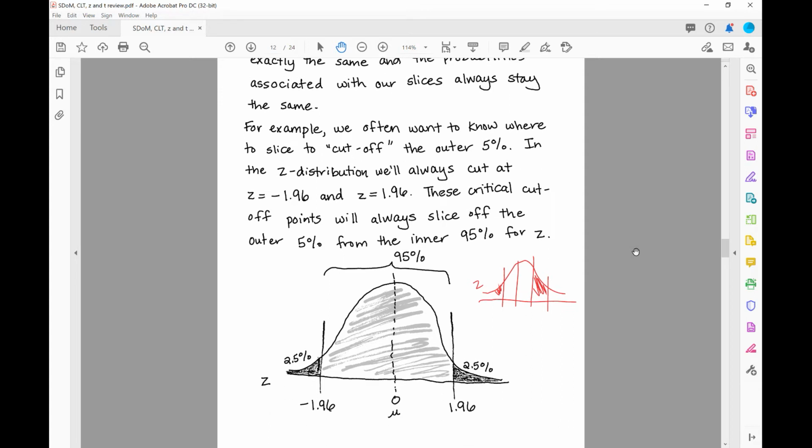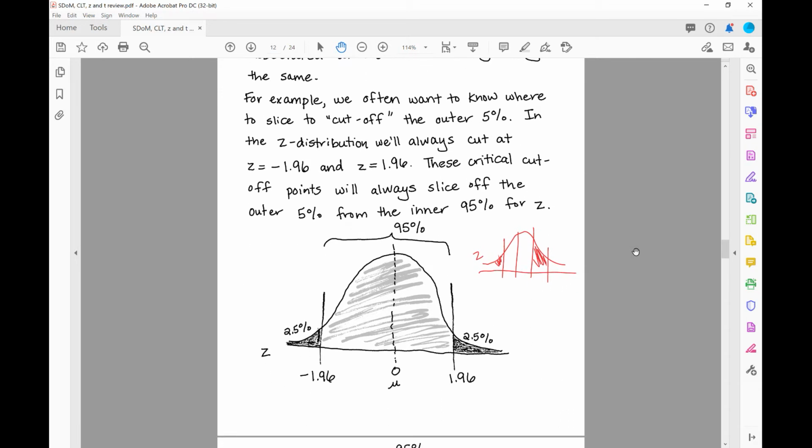So, for example, we often want to know where to slice, right? Where do we want to cut our cake in order to cut off that outer 5% of scores? So 2.5% of our scores down here, 2.5% of our cake, and 2.5% up here, because when we add those 2.5% plus 2.5% together, what does that give us? 5%. Right?